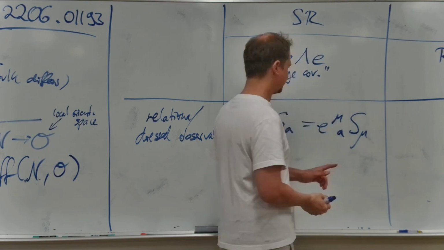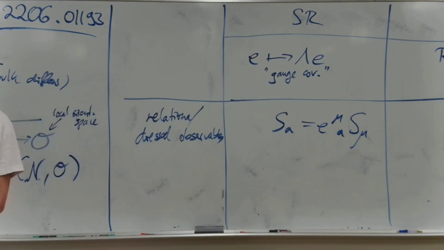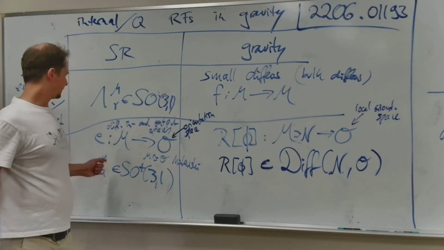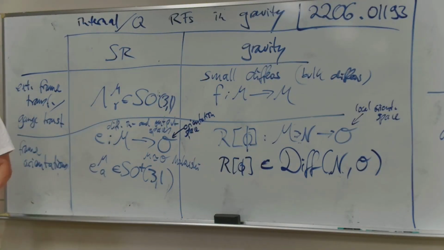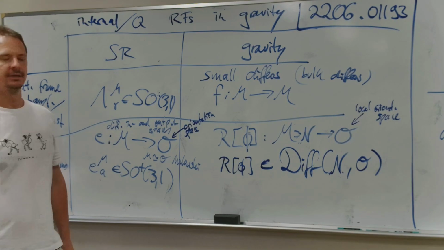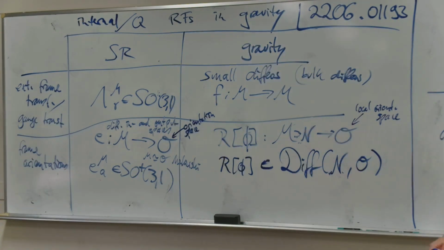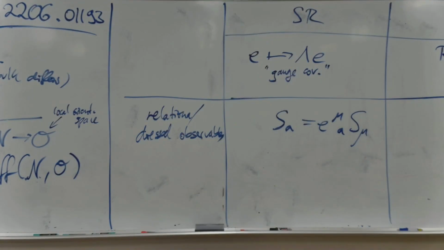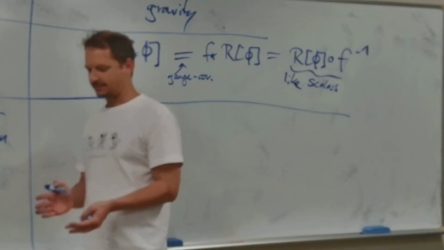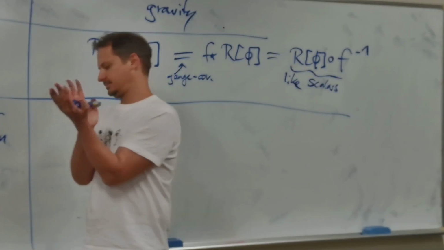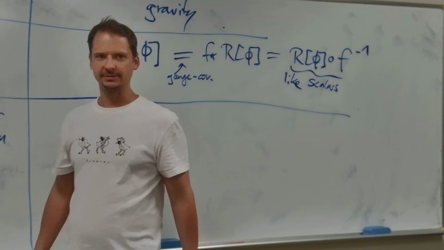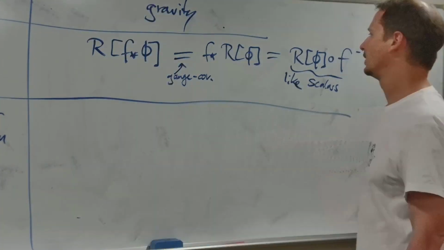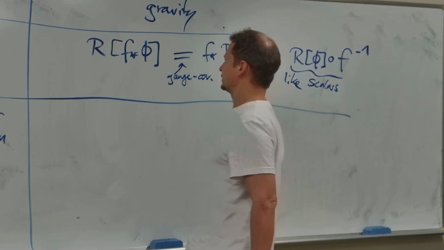So what does this do? You can think of it really in some sense as, when you think about the E being a map from M to O, it's in some sense pushing forward the vector S mu from M to O. And so you represent your Minkowski vector now on your orientation space, as a vector on the orientation space. And so we can do the same thing here.